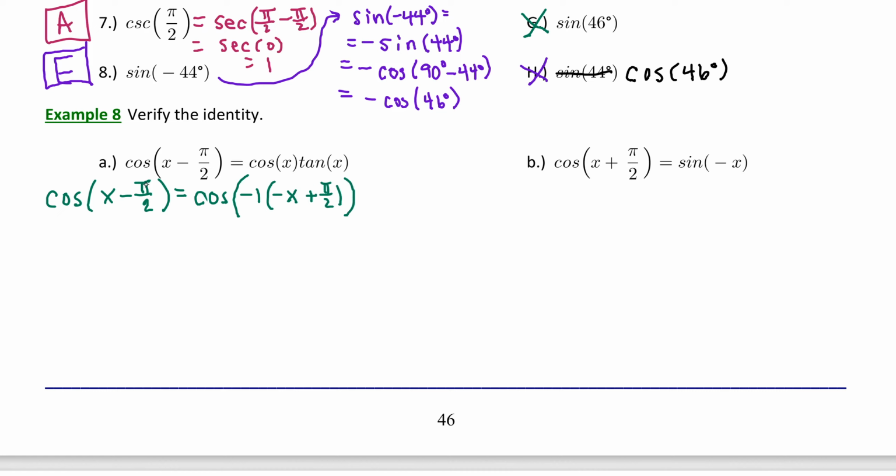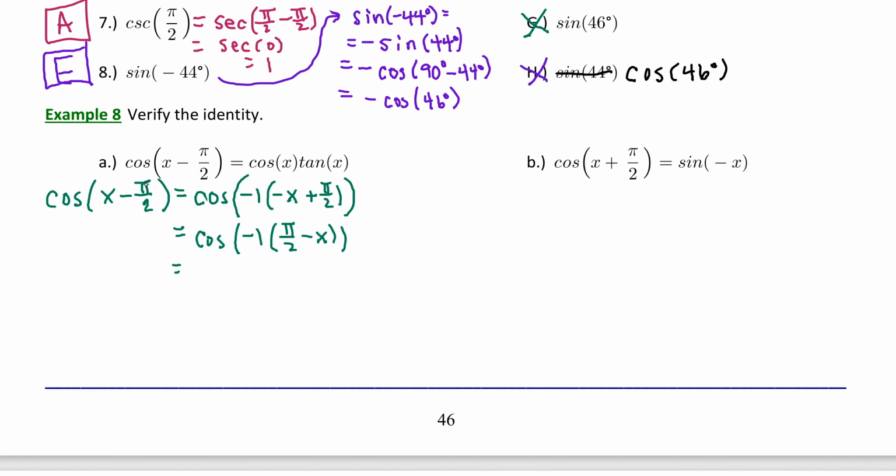Okay, so just double check that with the distributive property. Negative 1 times negative x is positive x, and negative 1 times pi over 2 is negative pi over 2. So what we've written is equivalent to the original. Then I can conveniently reverse the order of these two terms and write this as pi over 2 minus x.